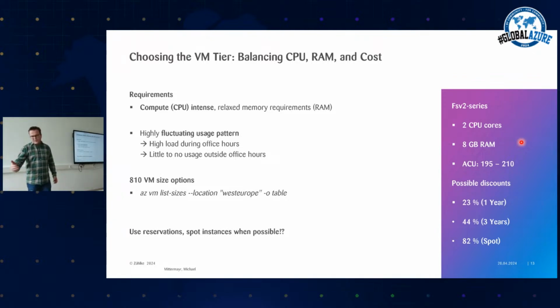To give you an idea, we are using the F-series CPUs, which are for compute-intense workloads. They have 2 cores, as we decided we want a very small machine that we can scale out when we have demand, doing horizontal scaling rather than vertical scaling, and with little memory usage, so the 8 GB is more than sufficient for us.